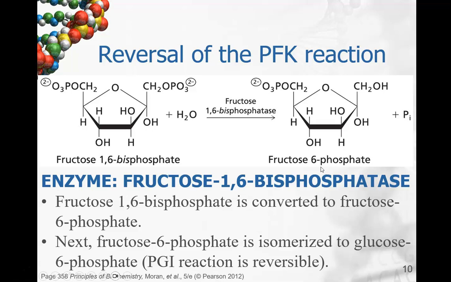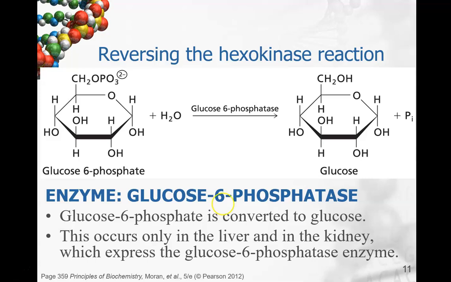Then the next step is fructose 6-phosphate is converted to glucose 6-phosphate, and that's phosphoglucose isomerase, and that's reversible, so that's not a problem. But now we get to glucose 6-phosphate, and we can't reverse the hexokinase reaction, so we'll need another enzyme, but it's another phosphatase because we're going from glucose 6-phosphate to glucose. We will need glucose 6-phosphatase to carry out the hydrolysis of this phosphate group, and now we get glucose.